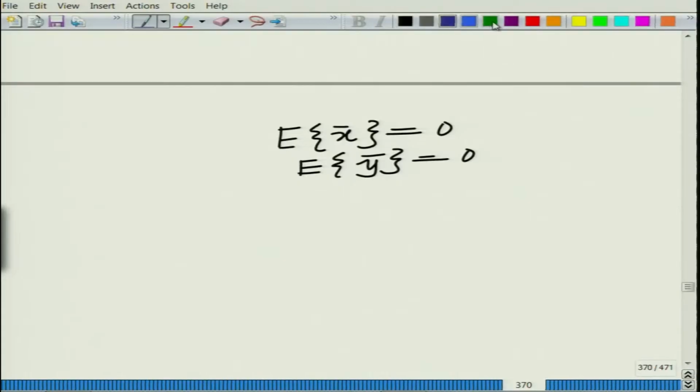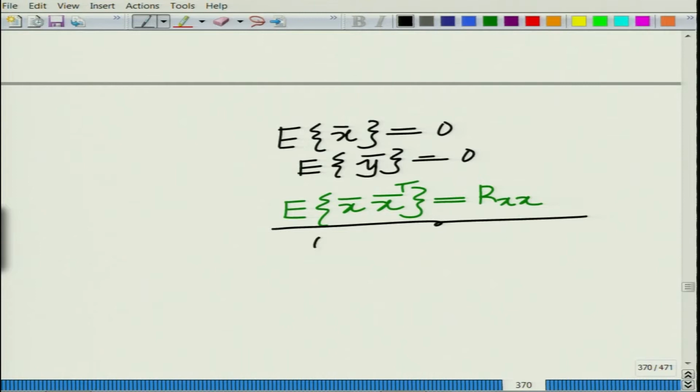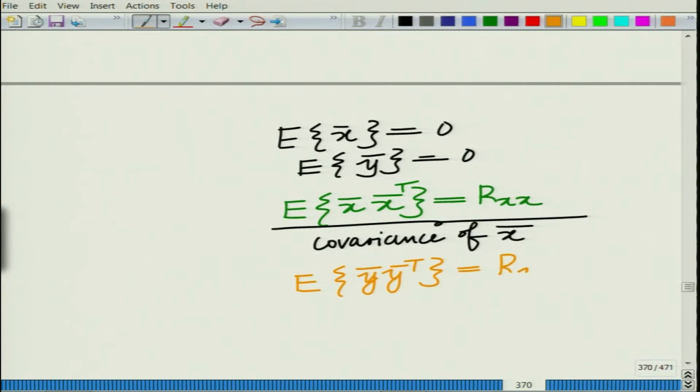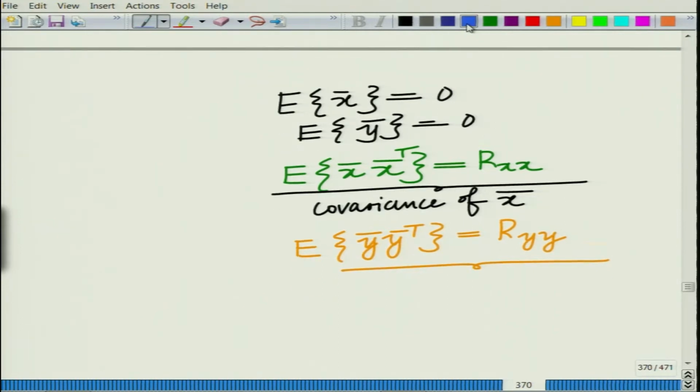And then what happens here is, we are interested in what are known as the second order statistical properties. When we talk about that, we have expected value of x bar x bar transpose, which is Rxx. This is the covariance of x. Then we have expected value of y bar y bar transpose, which is Ryy, which is essentially the covariance. This is also something that you must be familiar with.